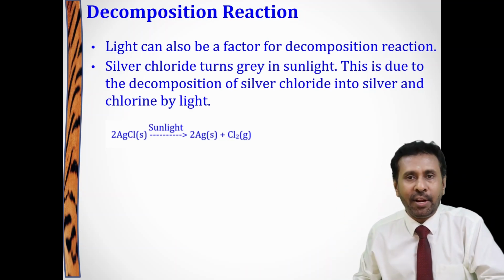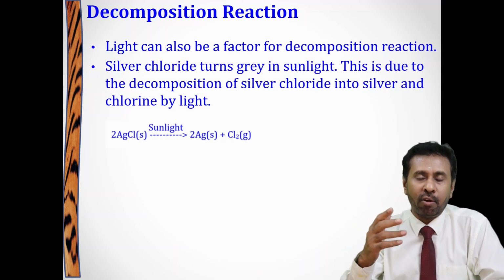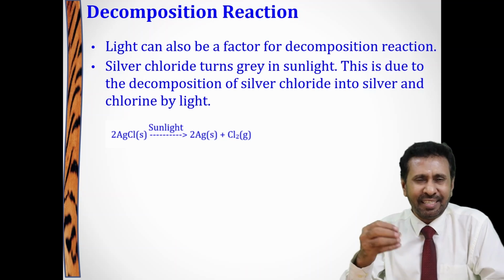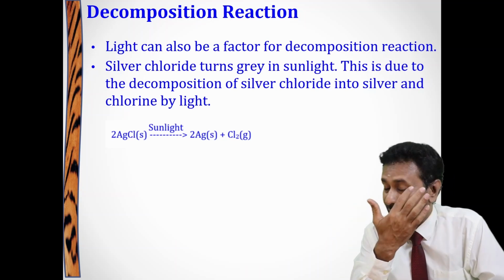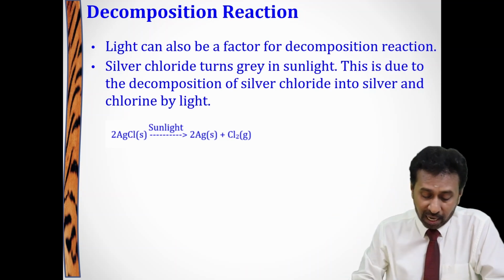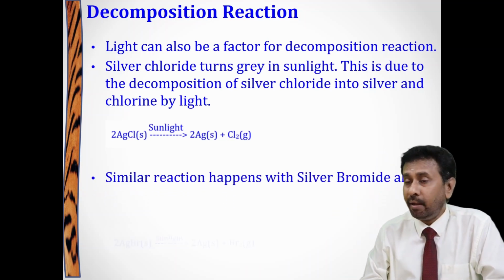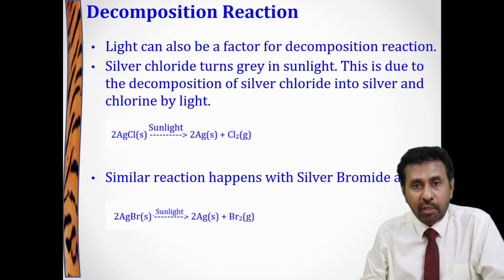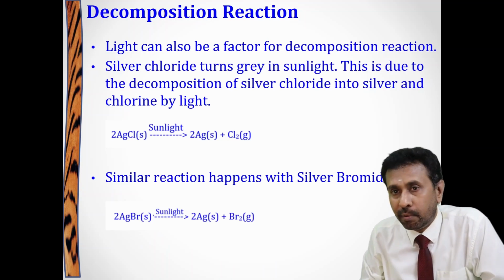But this reaction was the basis for photography till 2-3 decades back, maybe even till 2010, I'm not sure. Another reaction for photo decomposition is silver bromide. When silver bromide is exposed to sunlight, it gives silver and bromine.